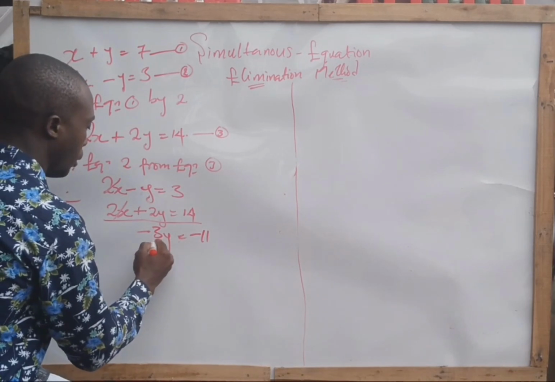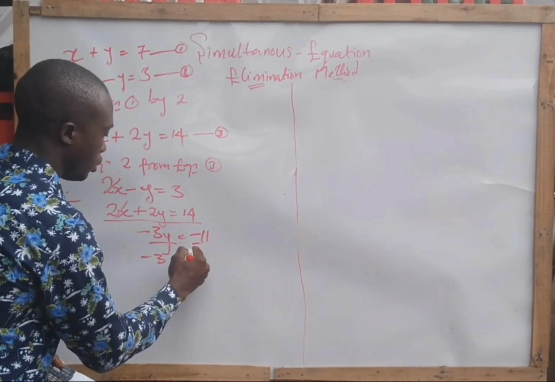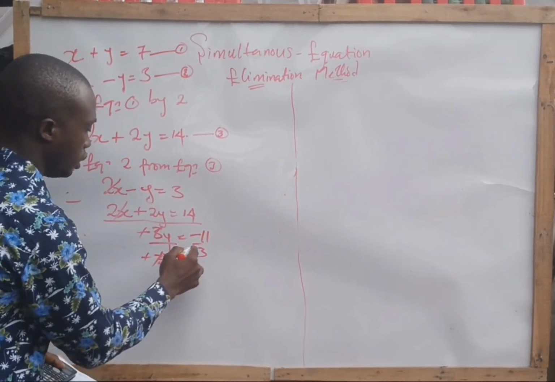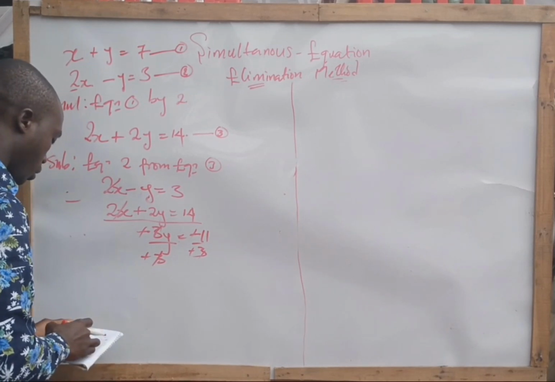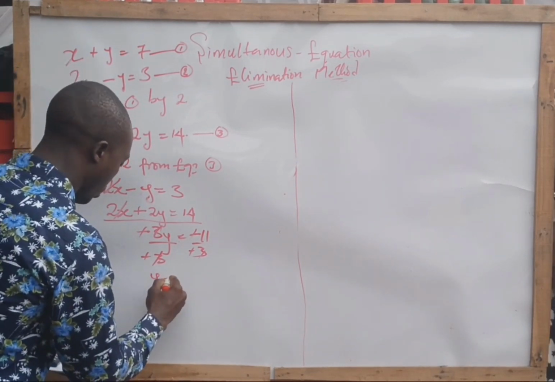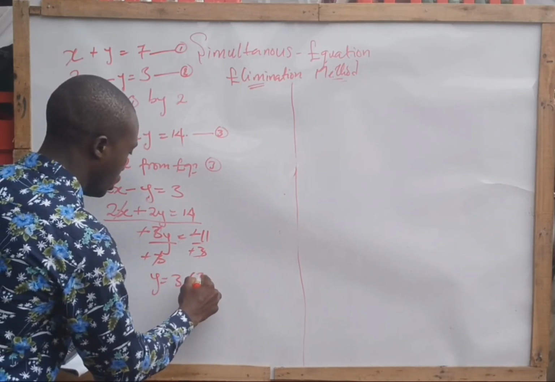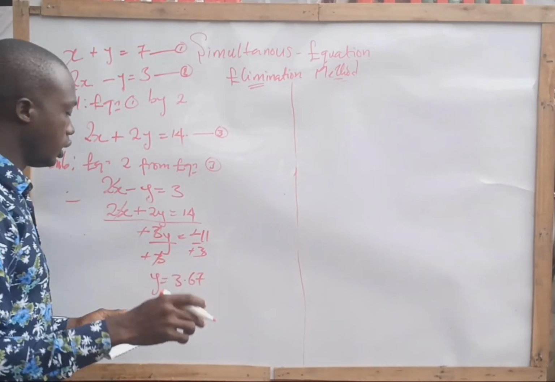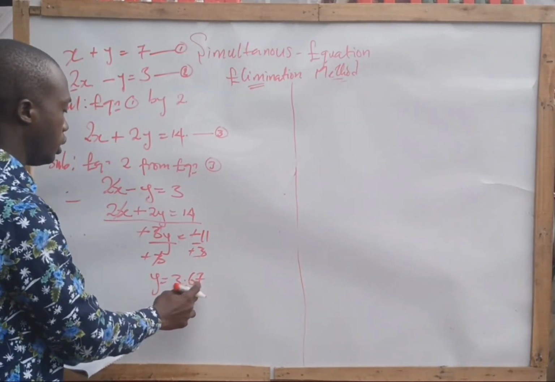So divide both sides by minus 3. This cancels this, this cancels this. Divided by minus 3, we have our y equals 3.67. Although we have 3.666 like that, I just approximated it to 3.67.